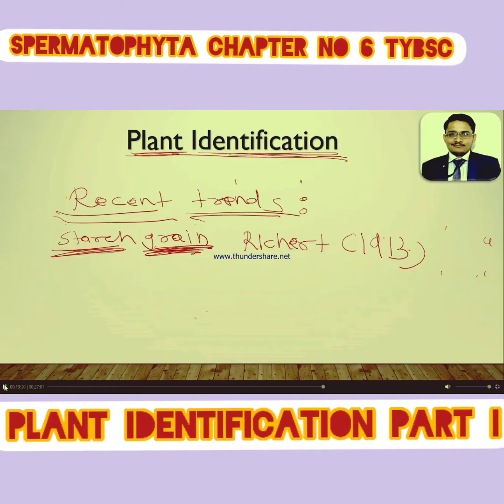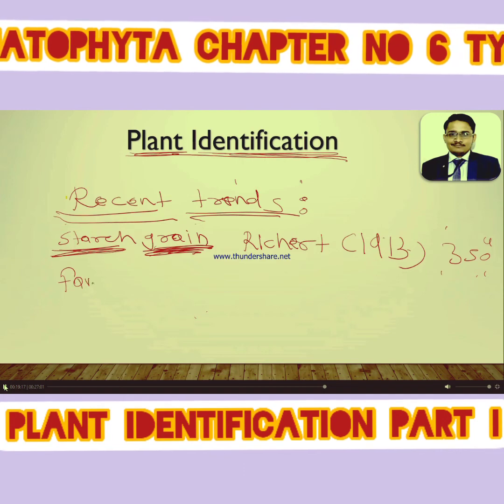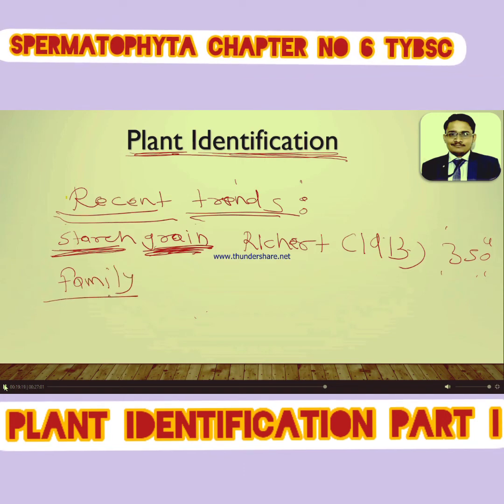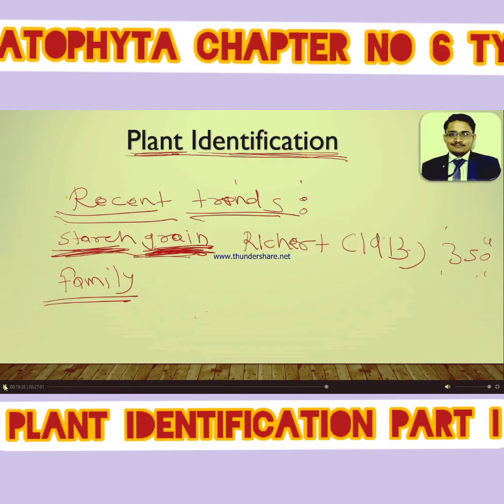For that purpose, he recognized 350 families. 350 families can be identified with the help of only one character, known as starch grain.